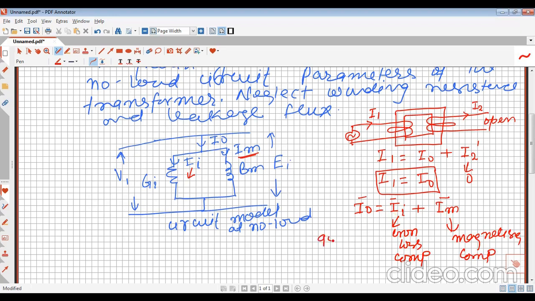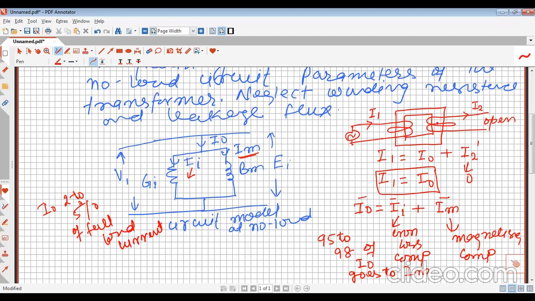Means around 95 to 98% of I naught goes to Im. Most of this current goes to the magnetizing component. Although the value of I naught itself is very small, around 2 to 5% of full load current. So we see this current is already very small.